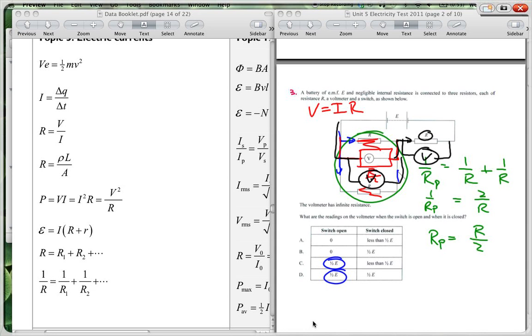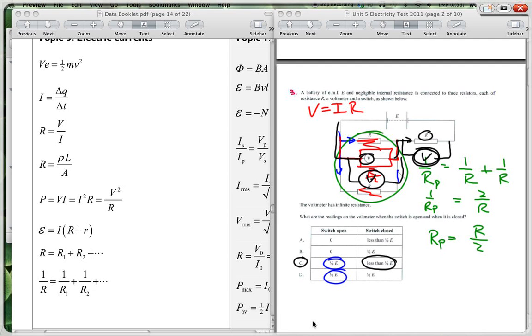So you're going to get an increase there for your V, and you're going to get a decrease here. So it's going to be less than a half E there, so it's going to be C.